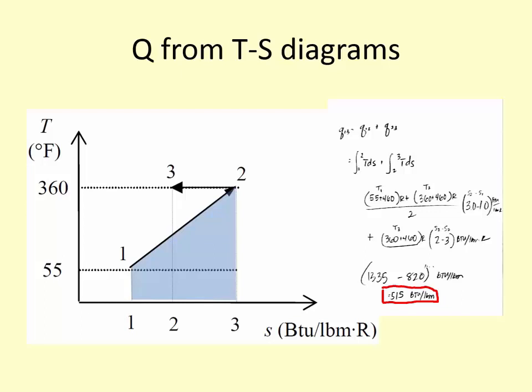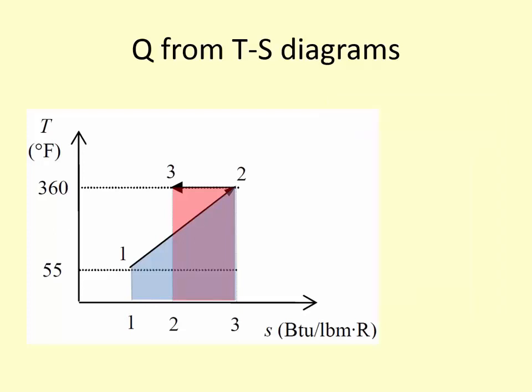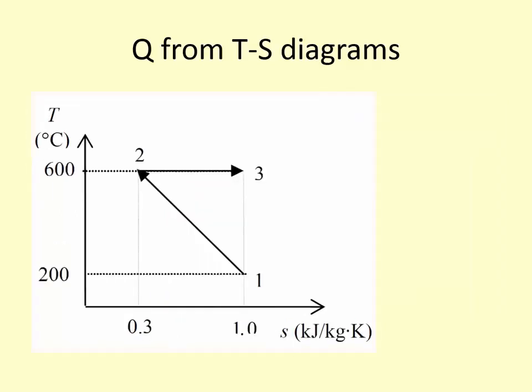So we find this is 820 BTUs per pound mass. So if we add them together, actually negative 820, so 1335 minus 820, the total Q is equal to 515 BTUs per pound mass. Okay, so we've calculated a positive area and a negative area to get our total value.